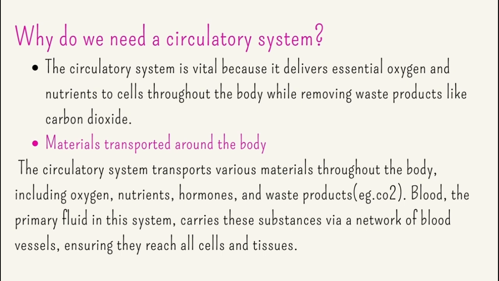Now, the circulatory system literally delivers essential oxygen and nutrients to cells throughout the body while removing waste products like carbon dioxide. We inhale oxygen and we exhale carbon dioxide, right? Every single time we inhale, every single organ in our body needs that oxygen.